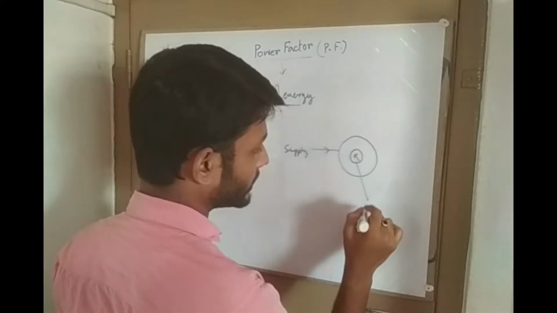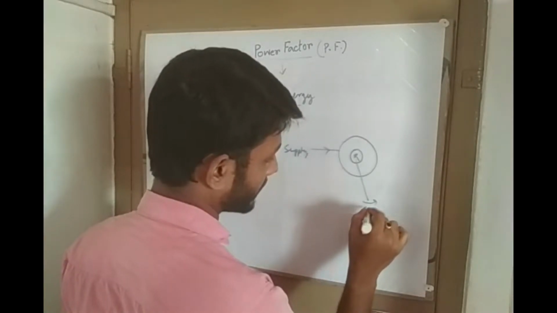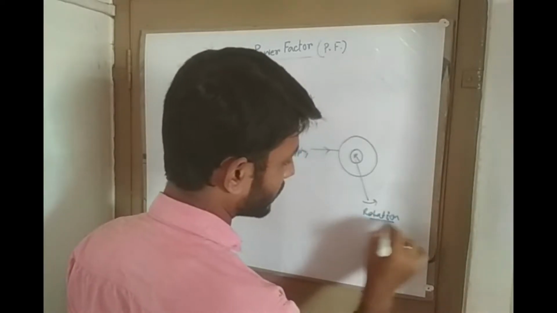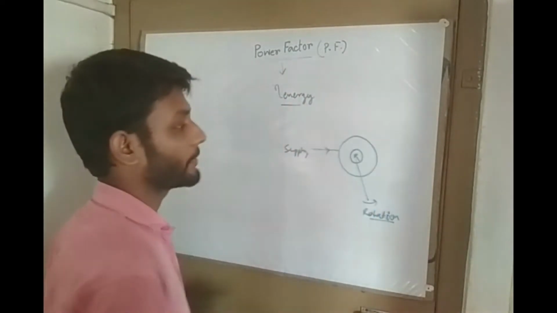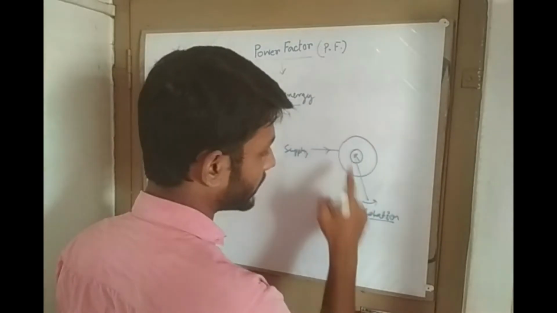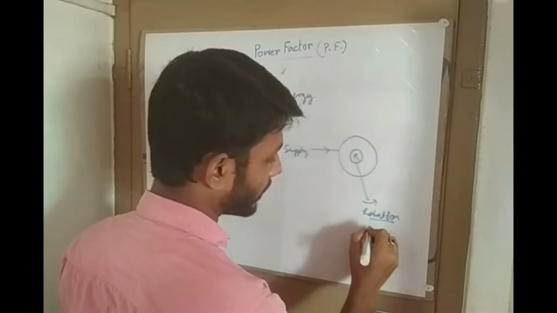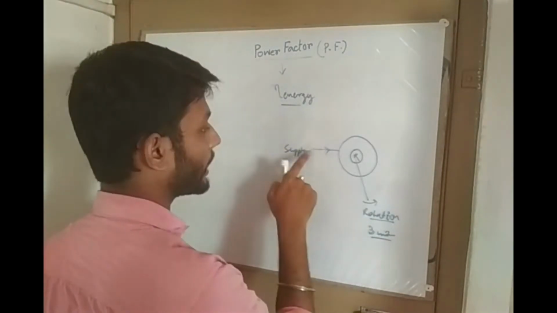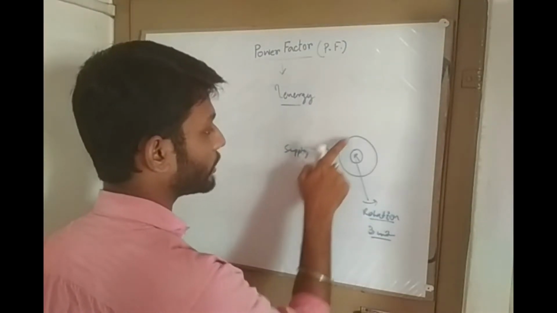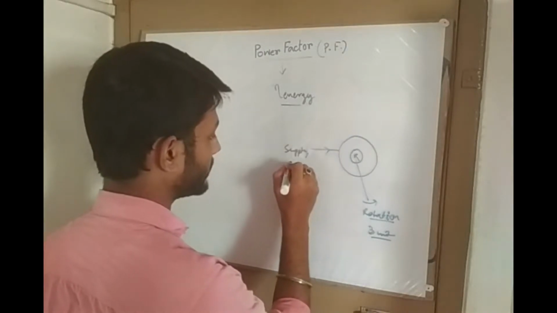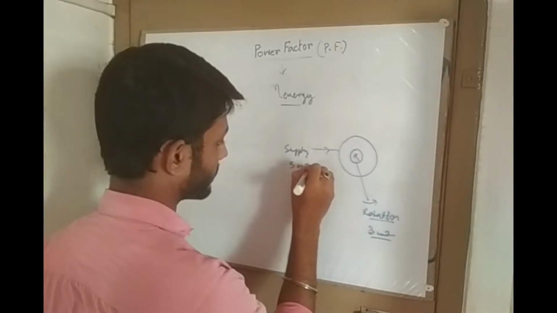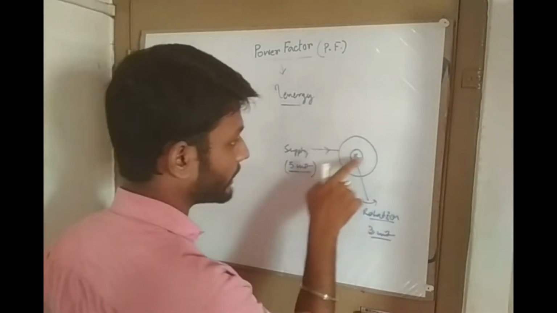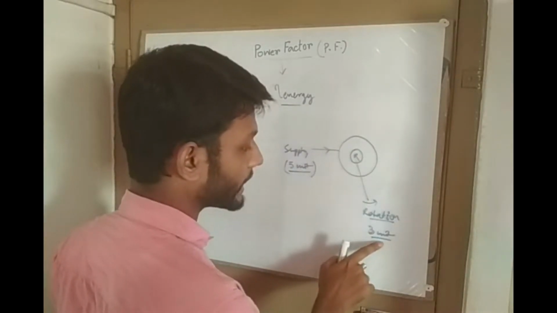Our target is to rotate this shaft. To rotate this rotor the power required is 3 unit, that is in kilowatt, and we are giving supply to the stator part, that is 5 unit in kVA. We are giving supply 5 kVA, but from the rotor we are getting 3 unit.